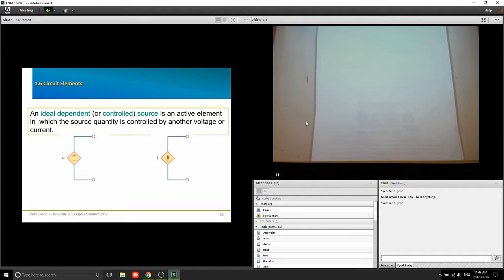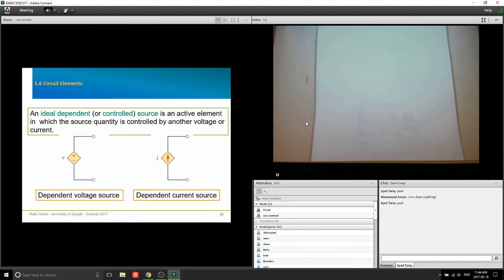Polarity plus or minus, it's still a voltage source, but it's called a controlled voltage source. An arrow shows you the direction of flow of current in a controlled current source. So this one is a dependent voltage source and a dependent current source.